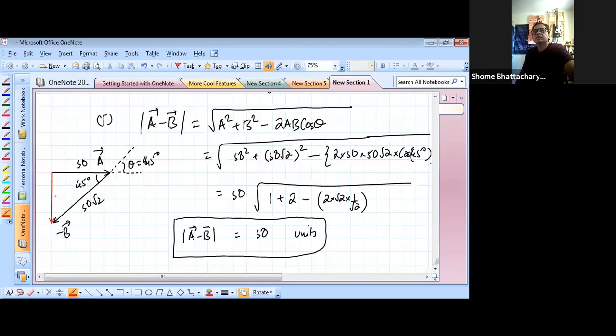So this vector is C, let's say. Okay. This will also have a magnitude of 50. This angle will in fact become 90. So here C is A minus B. So this and this actually correspond to each other.